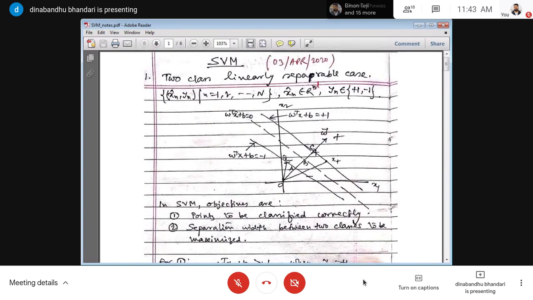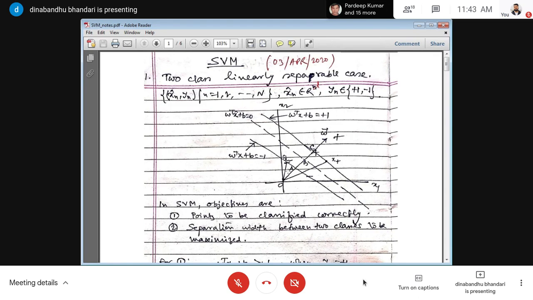Okay, so we have adjusted W, right, or that normal vector, such that the equation of this line becomes W transpose x plus b equal to 0. The boundary of the positive line becomes W transpose x plus b equal to plus 1, and this line becomes W transpose x plus b equal to minus 1. Such that this has given two advantages.